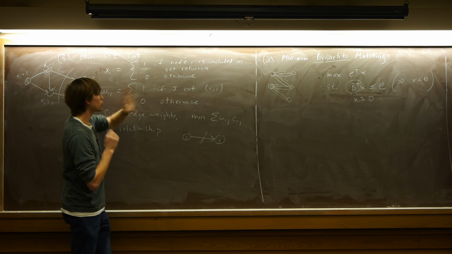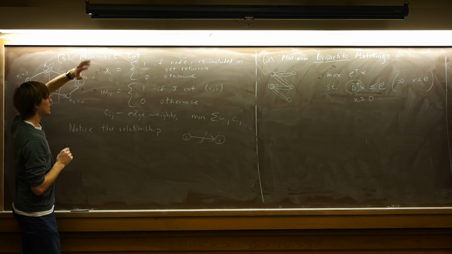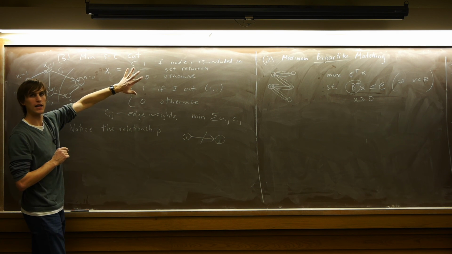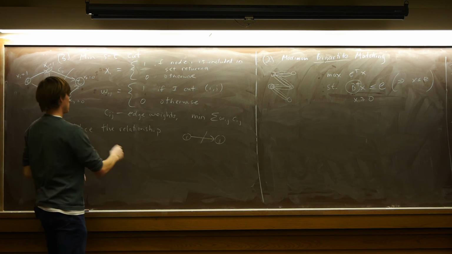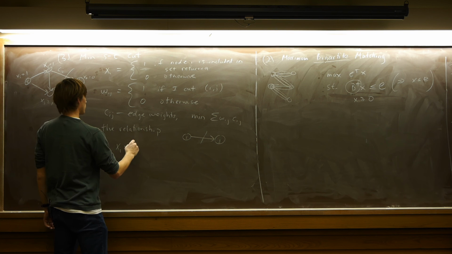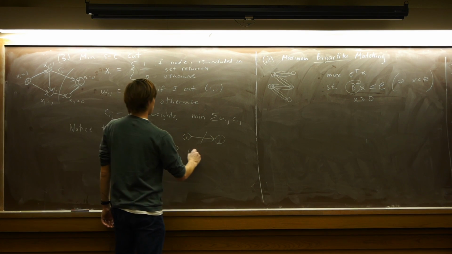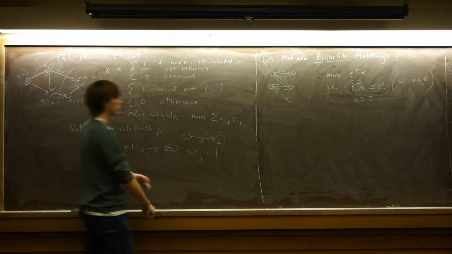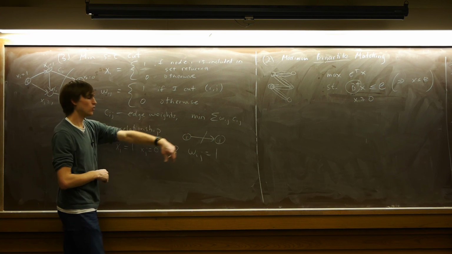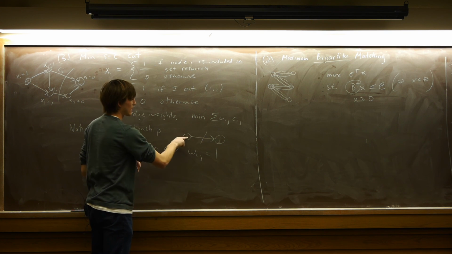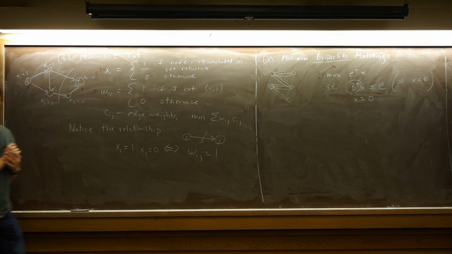If I start off by saying, here are my xi's and these are my wij's, and for now I'm forcing them to be binary, then xi equals 1 and xj equals 0 if and only if wij equals 1. So I'm going to cut this only if i is on the S side and j is on the T side. And if I didn't cut it, I could get from i to j.